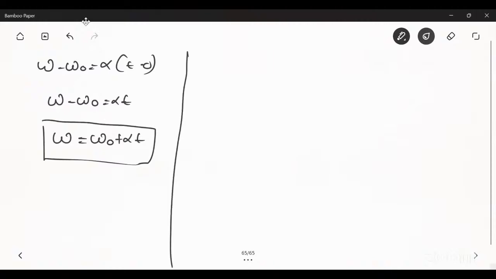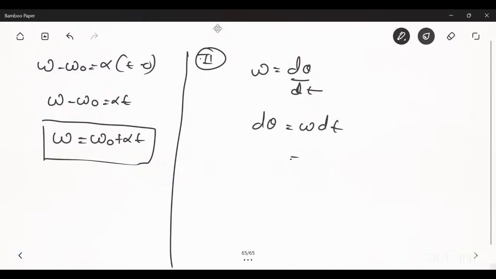Now the second equation of motion. We know that omega equals d theta by dt. So d theta equals omega dt, and the value of omega is omega naught plus alpha t, so (omega naught plus alpha t) dt equals d theta.